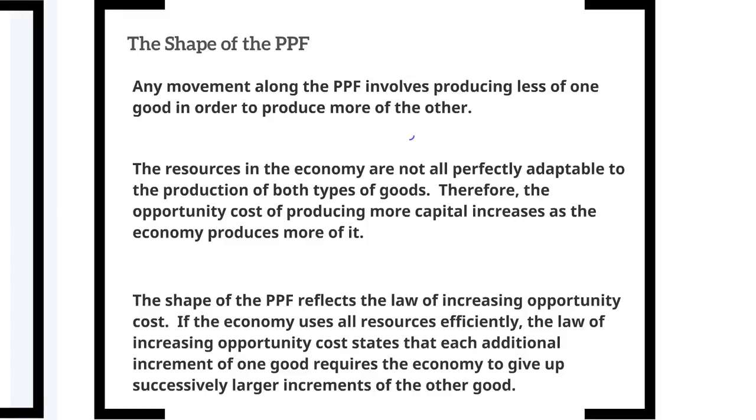The shape of the PPF reflects the law of increasing opportunity cost. If the economy uses all resources efficiently, the law of increasing opportunity cost states that each additional increment of one good requires the economy to give up successively larger increments of the other good.